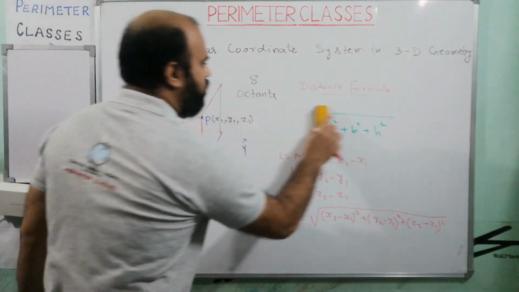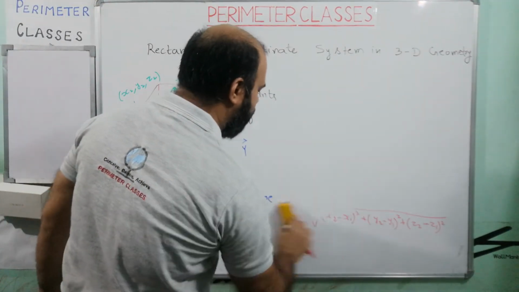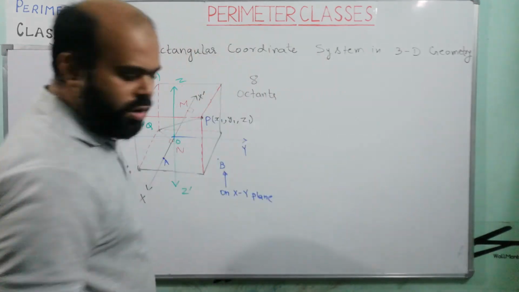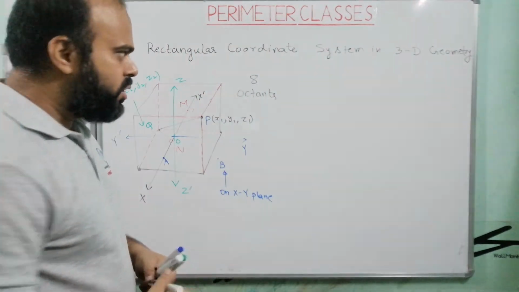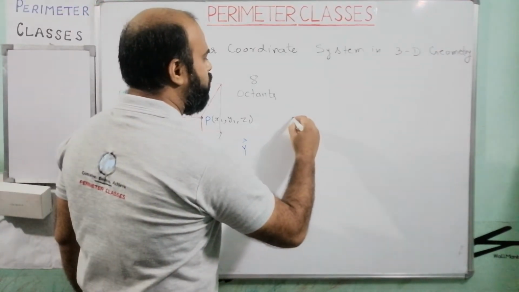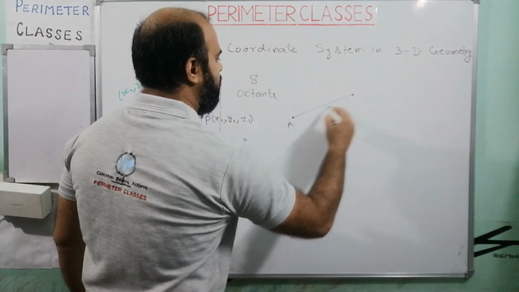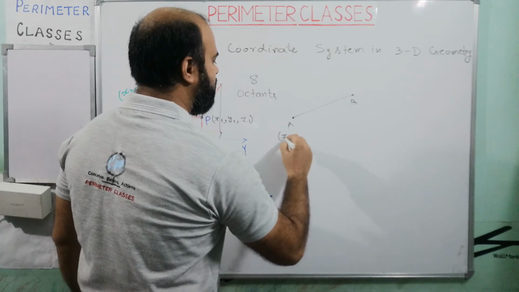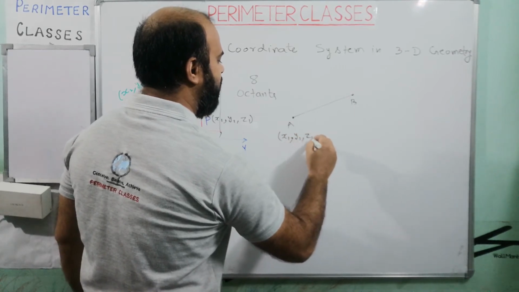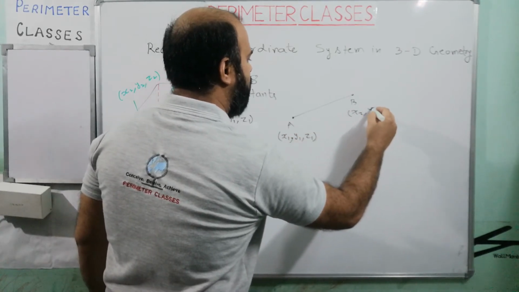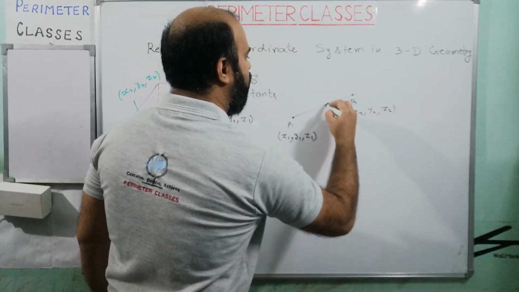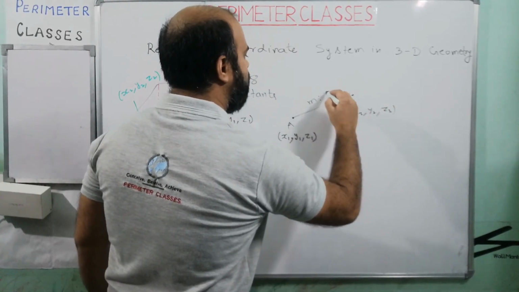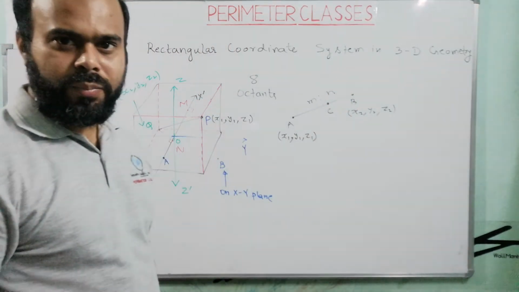Now another concept is that of the section formula. If you want to find the section formula, that means 2 points A and B having coordinates x1, y1, z1 and x2, y2, z2 being divided by a point C in the ratio m is to n.